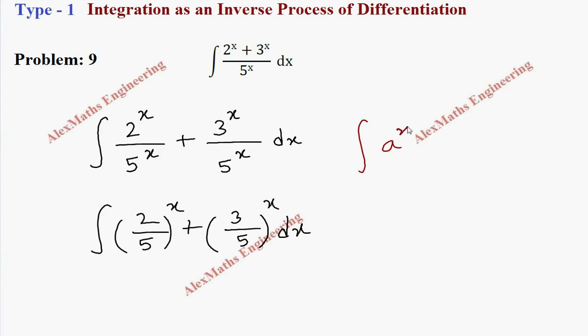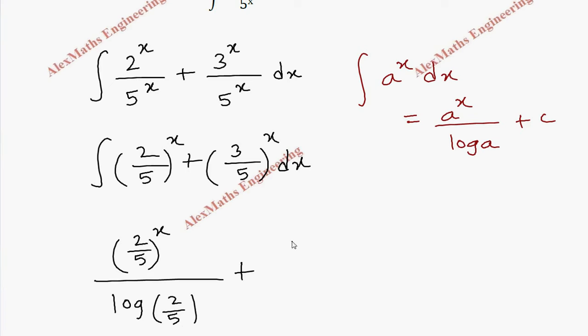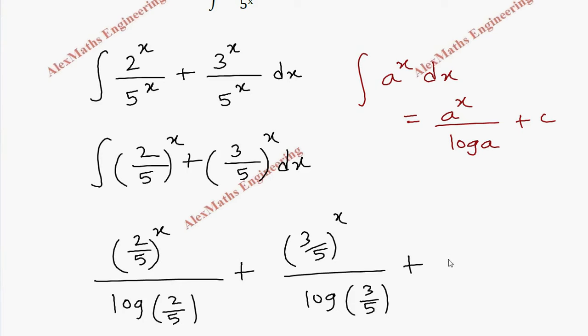Integration of a power x dx is a power x by log a plus c. So here this 2 by 5 itself is a constant like a, so its integration is 2 by 5 whole power x divided by log 2 by 5 plus 3 by 5 whole power x whole divided by log 3 by 5 plus c.